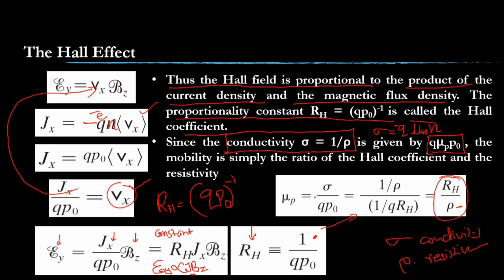Now what is the mobility? Simply the ratio of the Hall coefficient and the resistivity. We learned mobility in the previous class, and here I am taking you to another angle of view towards it. Mobility is nothing but the ratio of the Hall coefficient and the resistivity.